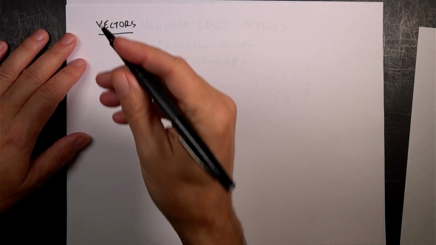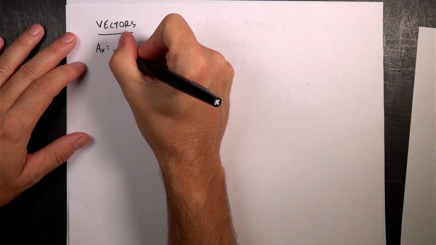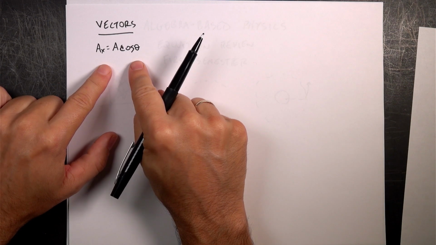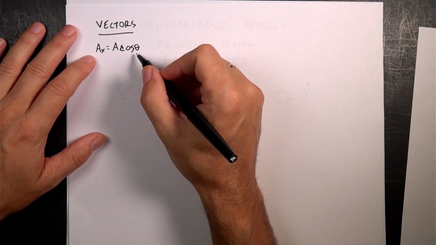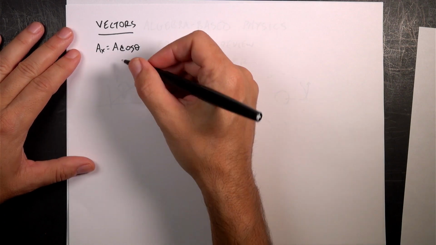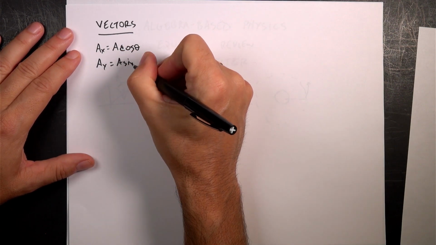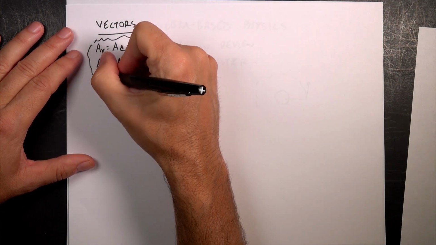So up here for vectors, I'm going to put Ax equals A cosine theta. Now be very careful. I really shouldn't put this on here, because this is only true if theta is measured from the x-axis. Ay is A sine theta. I'm going to put a little box around them because it's not always true.